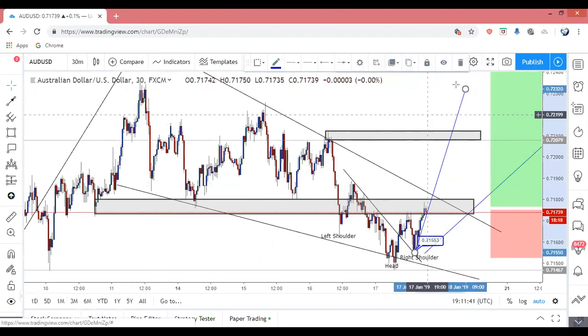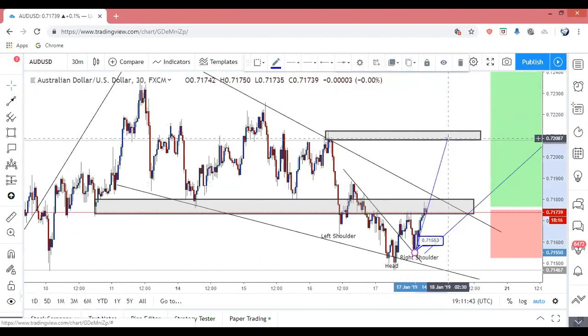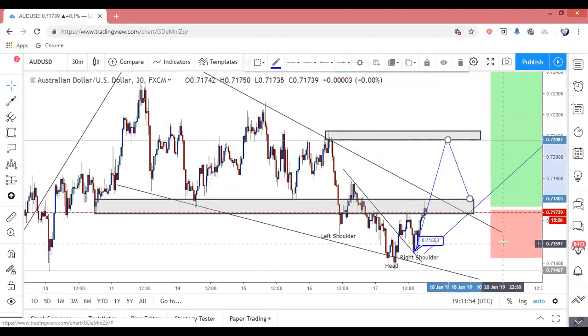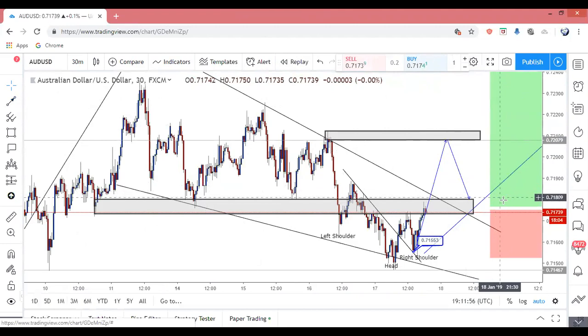Let's just use this area for now. Remind me, why would it come back down here? I must tell you why it came down there.